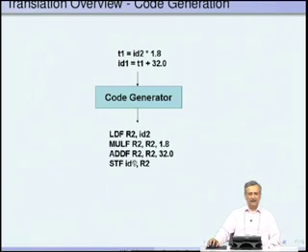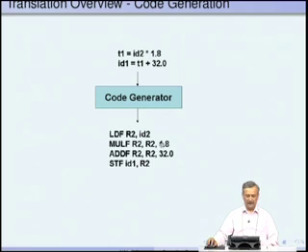Next, the code generation process follows the code optimization process. For example, the intermediate code which is improved in a code optimizer is input to the machine code generator, and here is a sample of the machine code. The assignment statement T1 = ID2 * 1.8 is translated into load floating point R2, ID2 and then multiply floating point R2, 1.8.